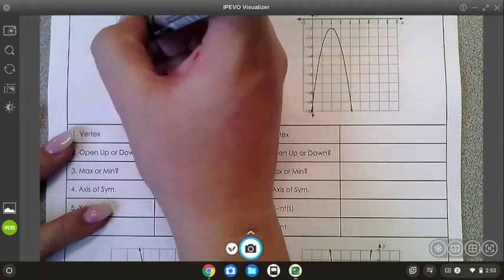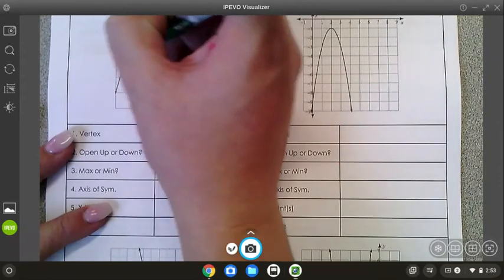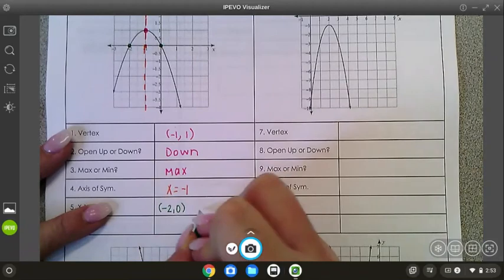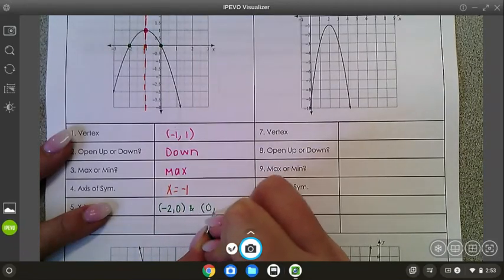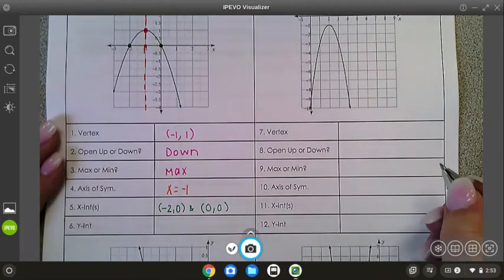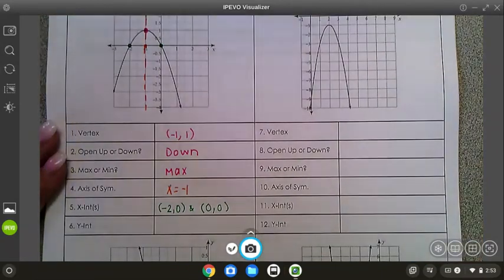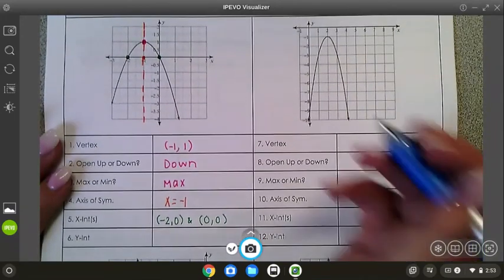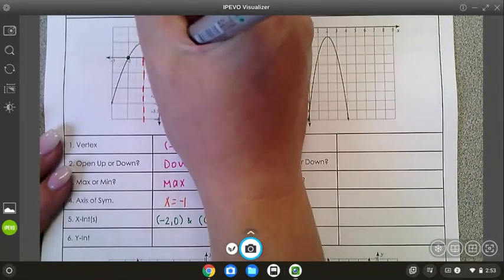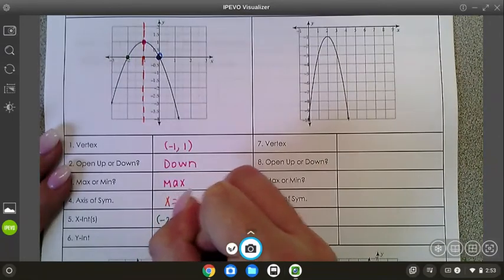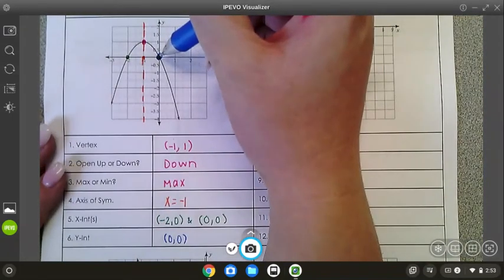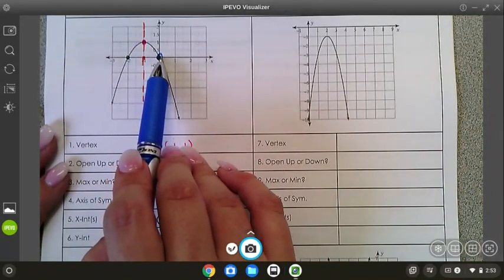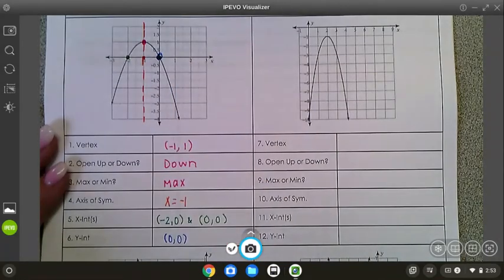So that's where it crosses this line. And that is at -2, 0 and at 0, 0. This parabola also crosses the y-axis at 0, 0. So the y-intercept is 0, 0. When it crosses at the origin here, that's going to be an x and a y-intercept, that point.